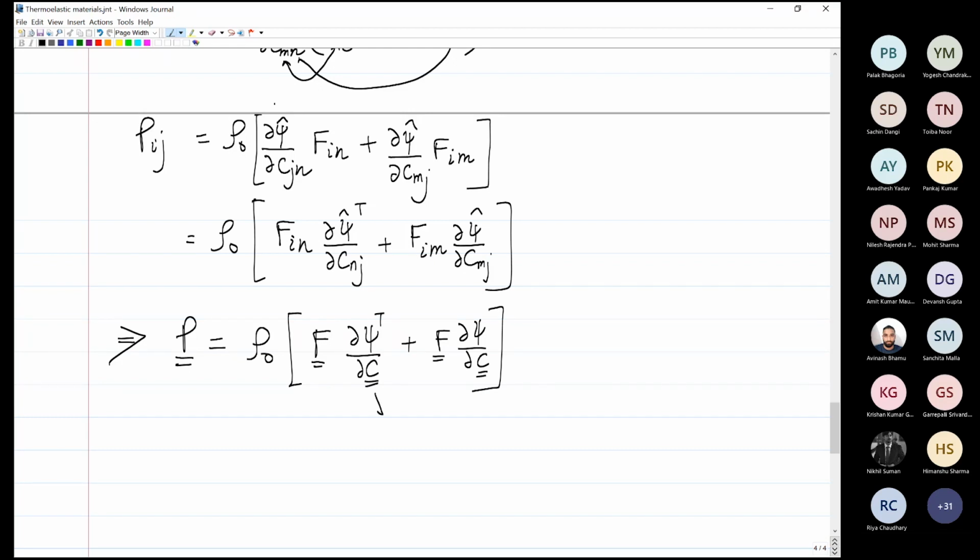So this is same as del psi by del C. So what you get finally is P equal to 2 times rho naught F into del psi by del C. Okay, so that is your P.